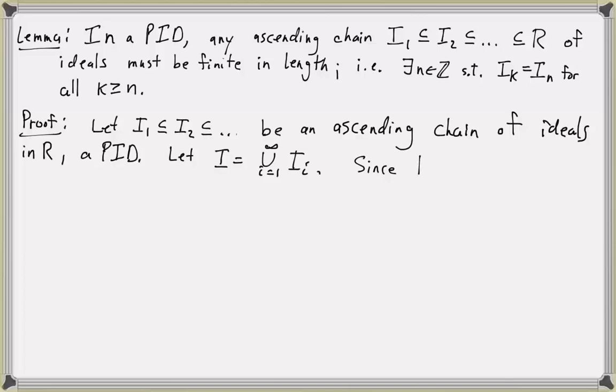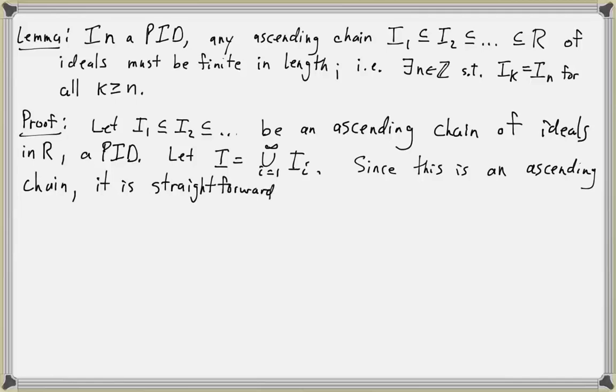So since this is an ascending chain, it is straightforward to show that I is an ideal of R.